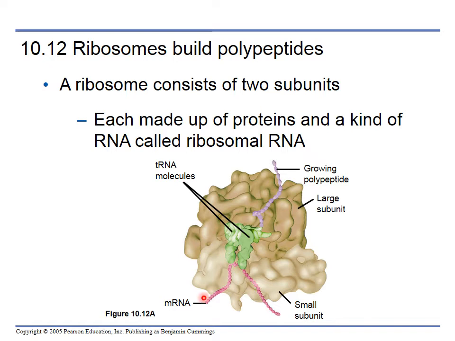So here in the diagram, you can see here's your messenger RNA with the codons. Your transfer RNAs, there's two of them here, and they'll be linking their amino acid to form this polypeptide chain, and that will grow out of the ribosome. You'll get a long chain, and that will fall off and fold up and become a protein.